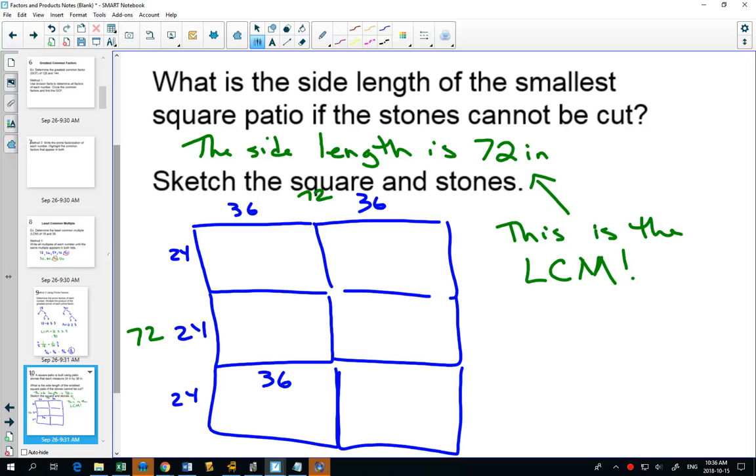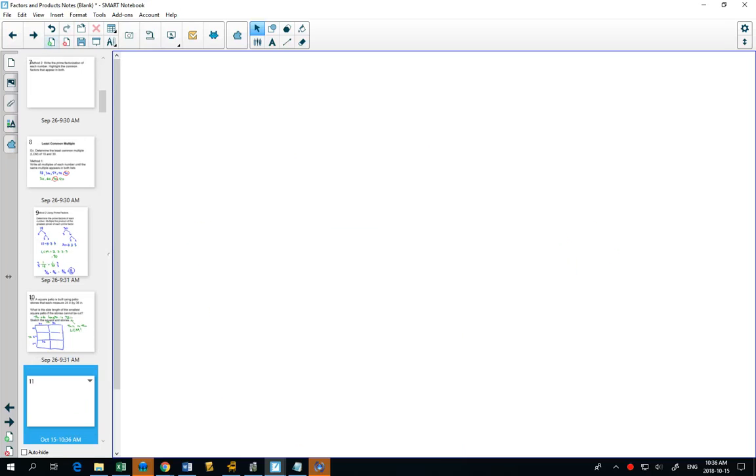Okay? If this wasn't working well for us, what would be a really nasty stone length? Okay, I'm going to give you some nasty stones. 17 by 13. No. 221 centimeters.